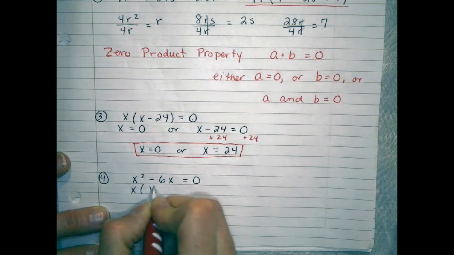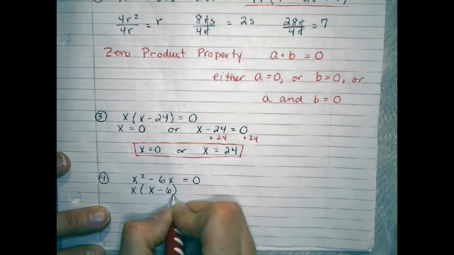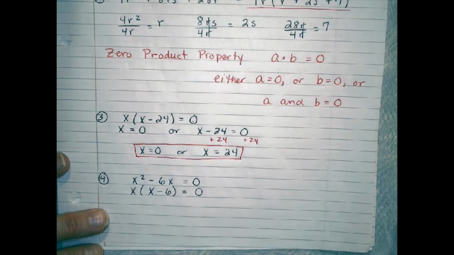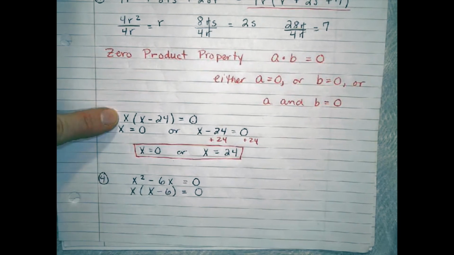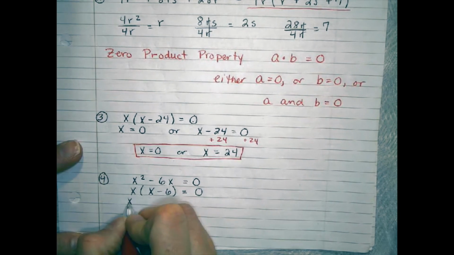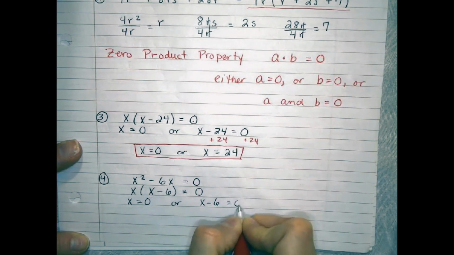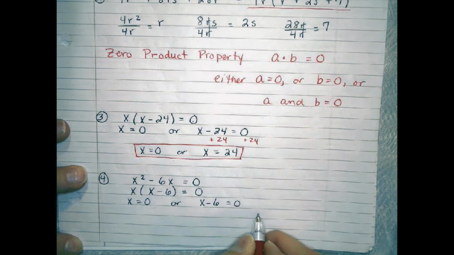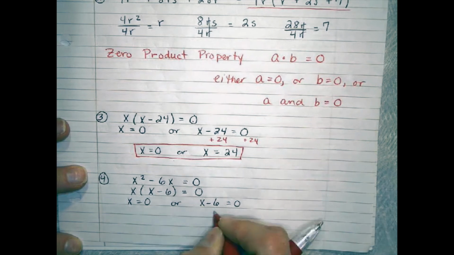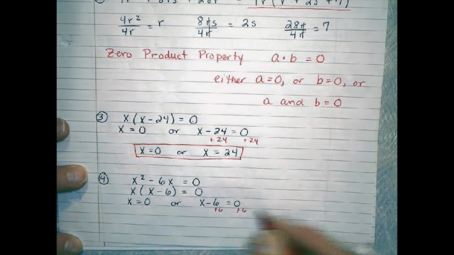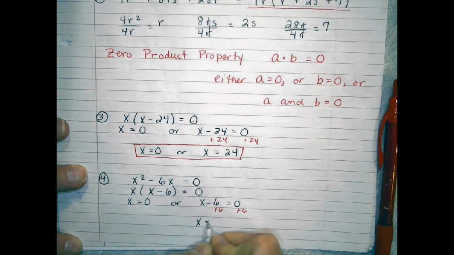Now it looks a lot like my former problem, and I know that either x equals 0 or x minus 6 equals 0. If x minus 6 equals 0, I would again add 6 to both sides and get x equals 6. So I have two answers, x equals 0 or x equals 6.